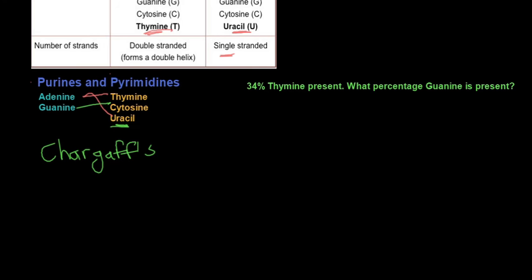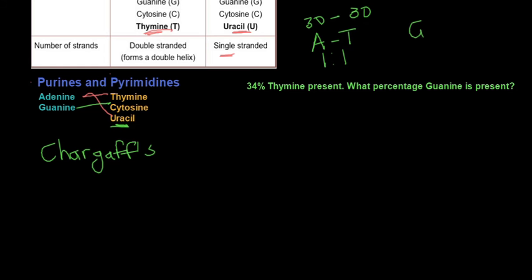Another thing they ask in exam papers is to calculate the percentage of a certain nitrogenous base, and that is because with these base pairs there's always a specific ratio. So if you've got adenine bonding with thymine, the ratio will be 1:1, because if there's 30 adenines in a strand, there has to be 30 thymines, because thymine will always bond with adenine.